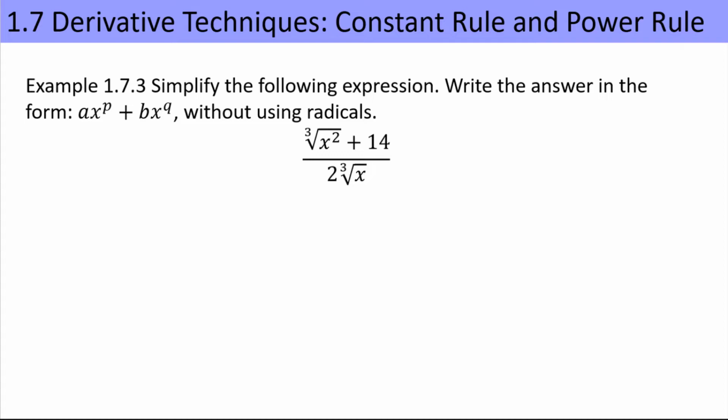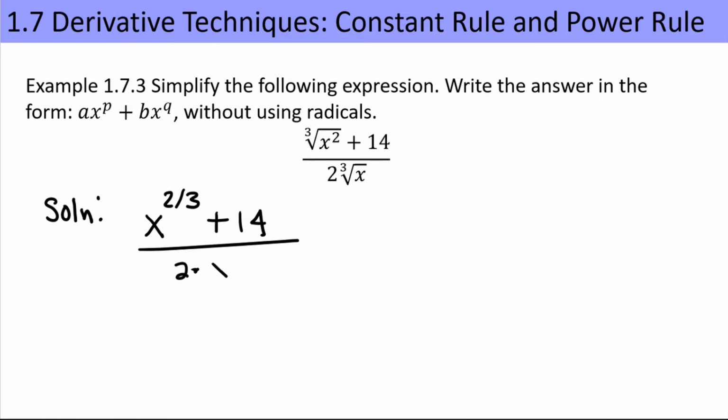In solving this problem, let's first express this expression without any radicals. So I'll write solution and begin by writing the cube root of x squared as x to the power of 2/3 plus 14 divided by, and then in the denominator, 2 times x to the power of 1/3 for the cube root.